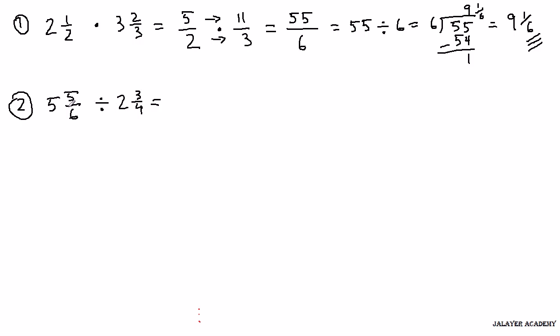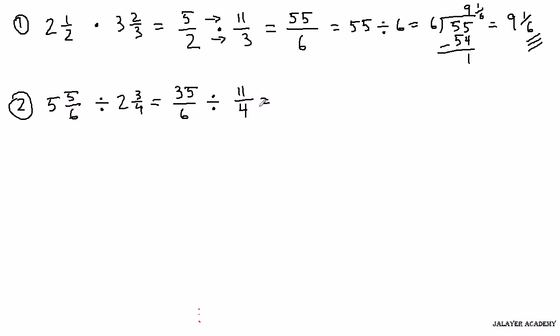That's step one always. 5 times 6 is 30, plus 5 is 35, and putting it over the original denominator, it's 35/6, and we're still dividing. Second fraction, a mixed number, 2 times 4 is 8, plus 3 is 11, and then we put it over the original denominator, 4.